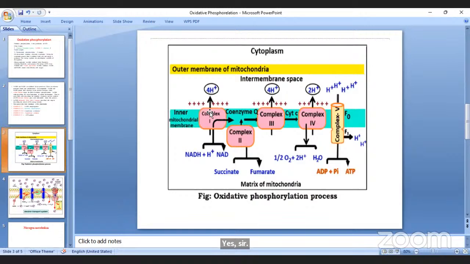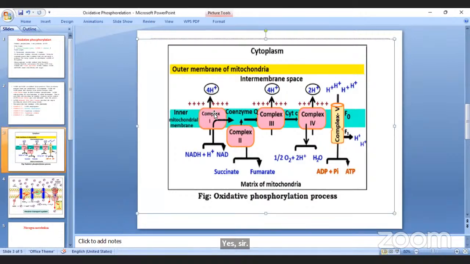So this is the first complex. Are you able to see this arrow mark? Actually I am unable to write the pen mark. You can use the pen, but it immediately disappears.